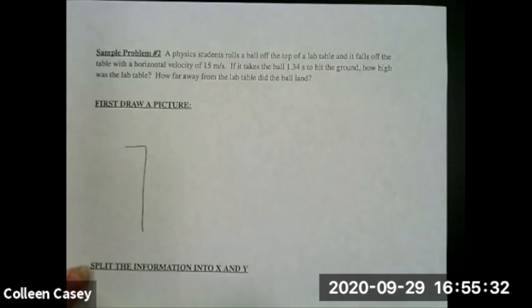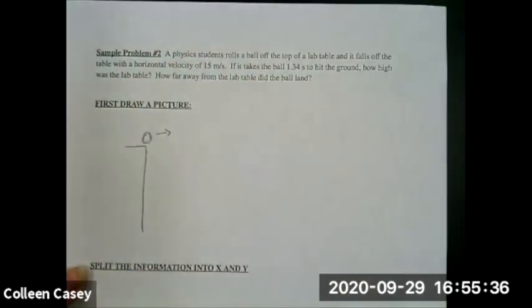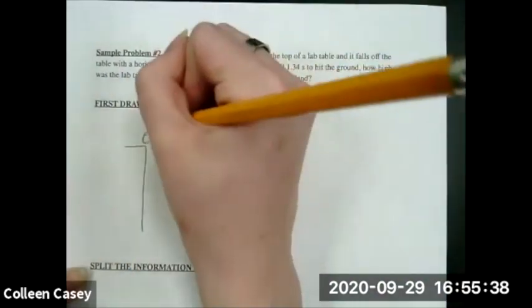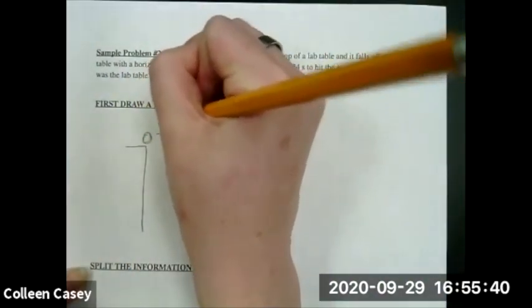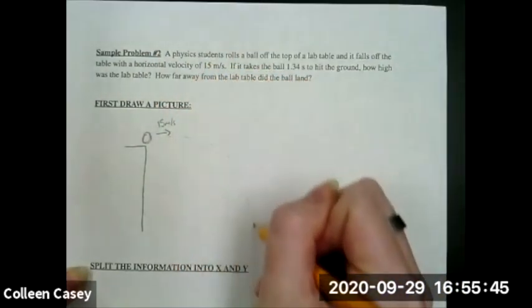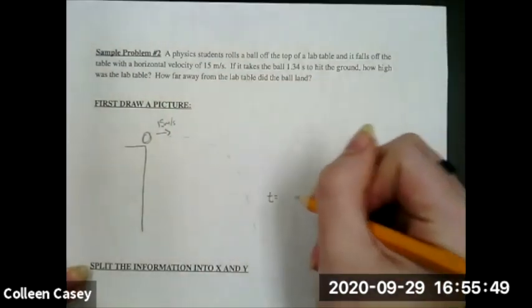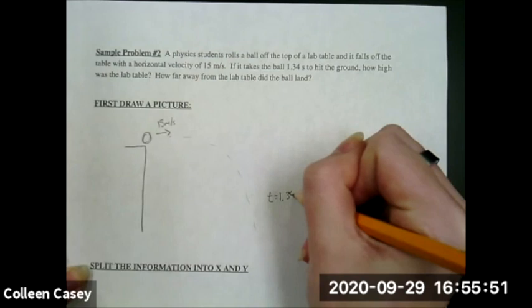I don't know how tall that is. But here's the ball that is rolling off the lab table, and it has a velocity of 15 meters per second. It's going to follow some curved path, and I just write it off to the side that the time is 1.34 seconds.